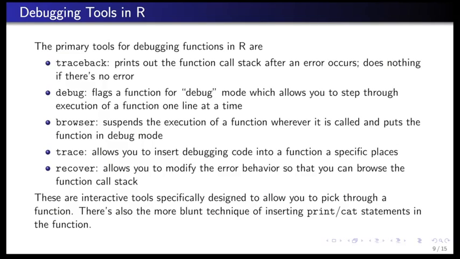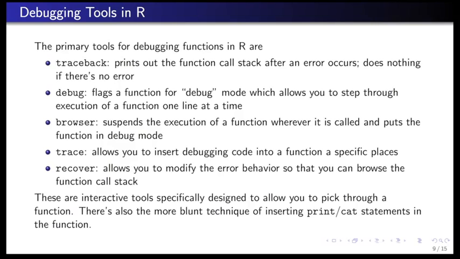And you don't want to go and edit that code because you can't find the file or whatever. So you can use the trace function, just insert a little snippet of code. And usually that snippet is just the call to the browser function. And then you can browse through that function, and then you can turn the trace off, and the function's back to normal.